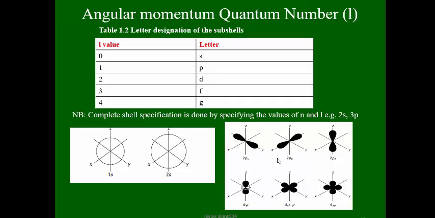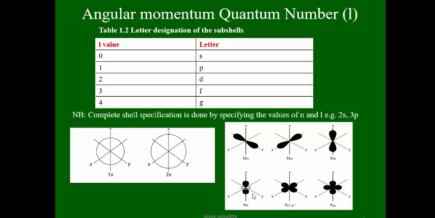Here we have P: Py, Px, and Pz. The shape is dumbbell shape, and we have seen the orientation. This one is going towards y, this one towards x direction, this one towards z direction. These are the degeneracy that the value of L gives us. When L is equal to 1, we have P. So this one is D, double dumbbell.